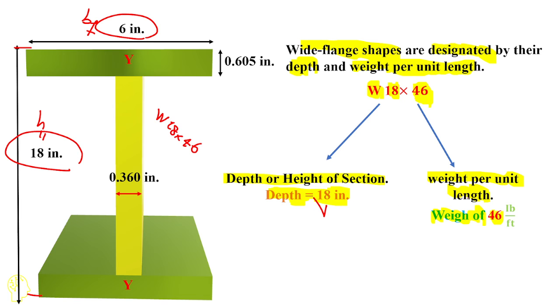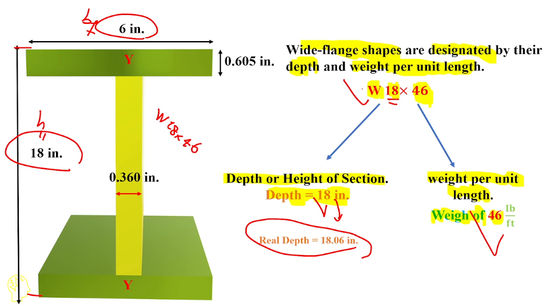Weight per unit length is 46 pound per foot. Just be careful, this is not the real depth. The real depth is a bit different from the one provided in the number, maybe by 2 digits, a small variation of that. So you can easily go with this number, take it as the weight of the W-shaped section, and solve your problem.